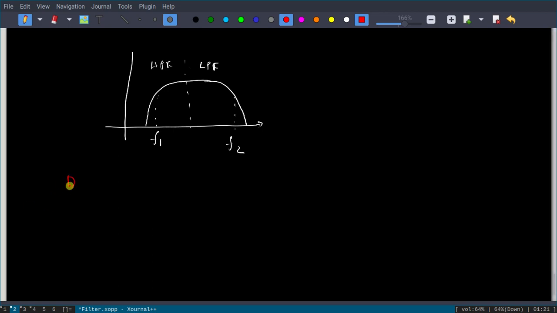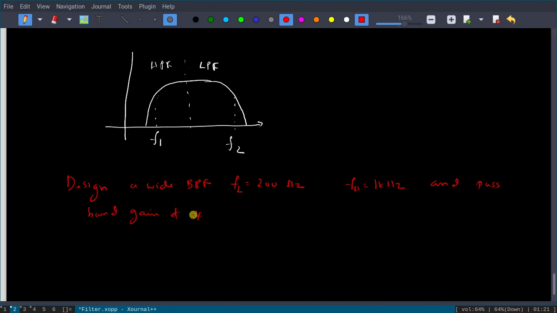Design a wide band pass filter with FL equal to 200 hertz and FH equal to 1 kilohertz, and a passband gain of 4, and also find the quality factor.